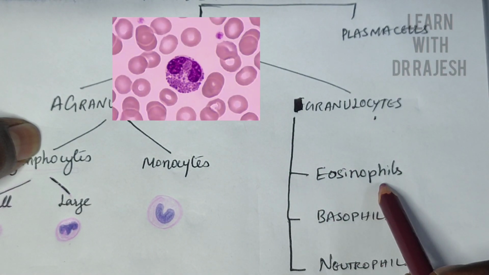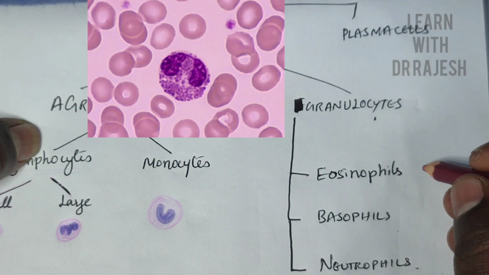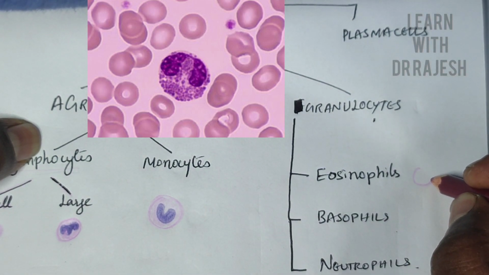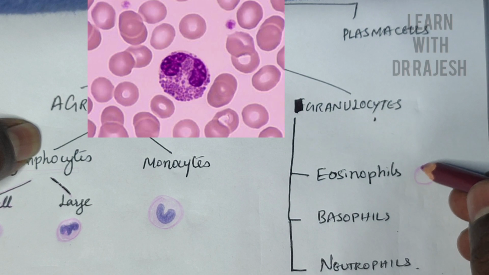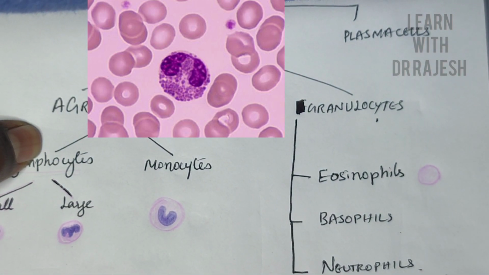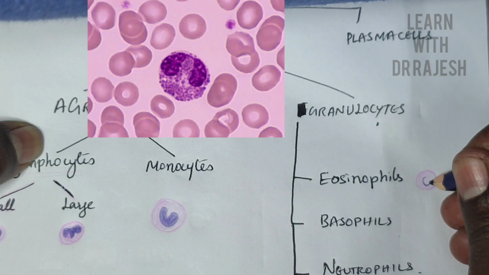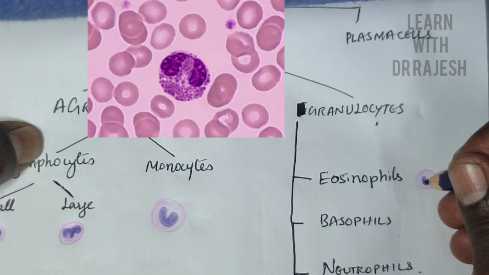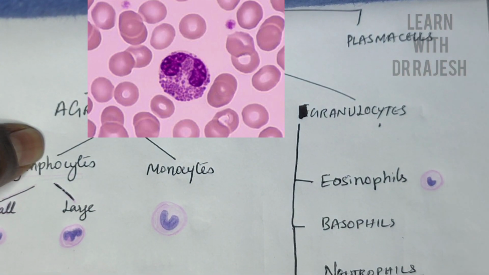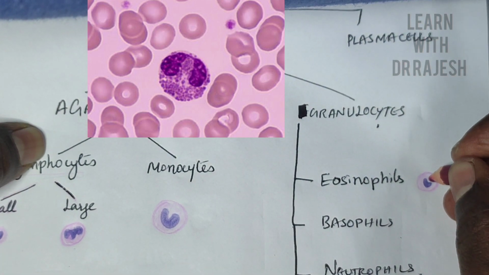The first cell is the eosinophil. Eosinophil cells are smaller with a lot of cytoplasm and a nucleus, and the cells will have many secretory granules.